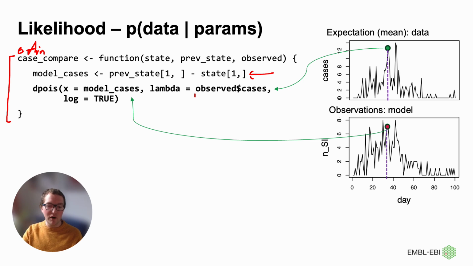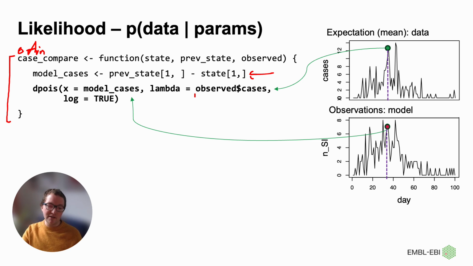Then I say, what is the chance of actually getting the number of cases seen in the data? So if I have counts, basically I want to use a Poisson. If they're over-dispersed, I may use a negative binomial. If I also wanted to have, say, deaths in the model, so some number of infected people die rather than recovering, I could have a separate Poisson likelihood for the counts of deaths, and then I would just multiply these together because probabilities multiply.